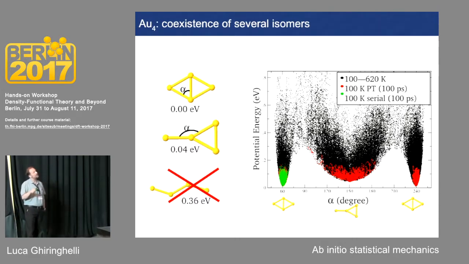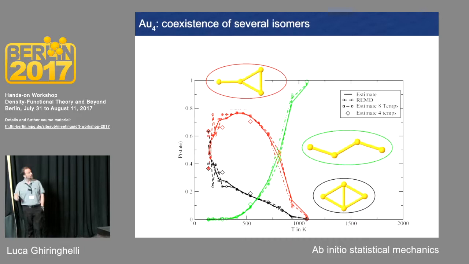This plot shows that if I do a simulation at 100 Kelvin, for example, I see the green dots, so the system lives forever in this basin here, in this local minimum. If I take the 100 Kelvin simulation out of the replica exchange, I have visited the other structure. This is again the same because, of course, this is periodically repeated.